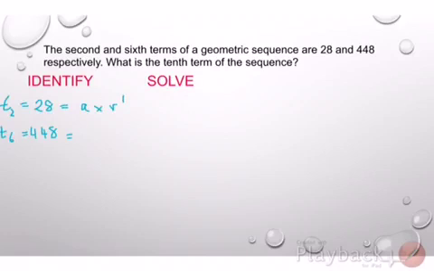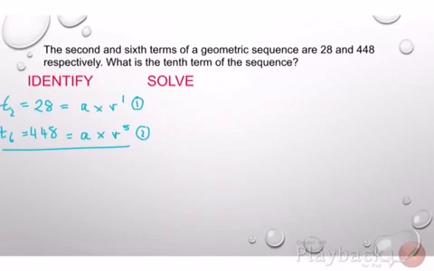I hope everybody's okay with that. For T6, it's the first term, A, times the ratio to the power of n minus 1, and 6 minus 1 is 5. So these are my two equations that I've identified: that's my first equation, that's my second equation, and now I'm going to solve it.